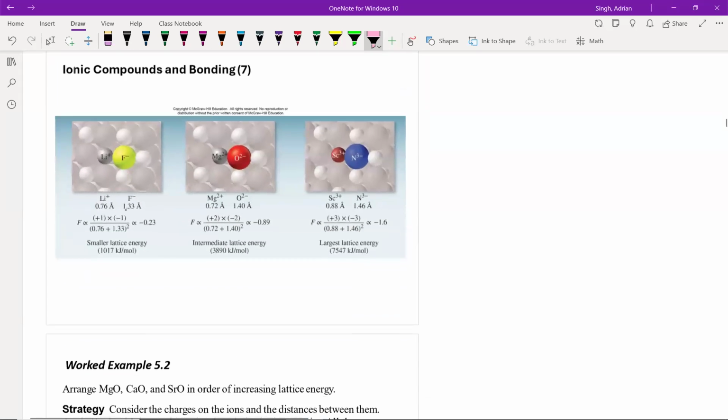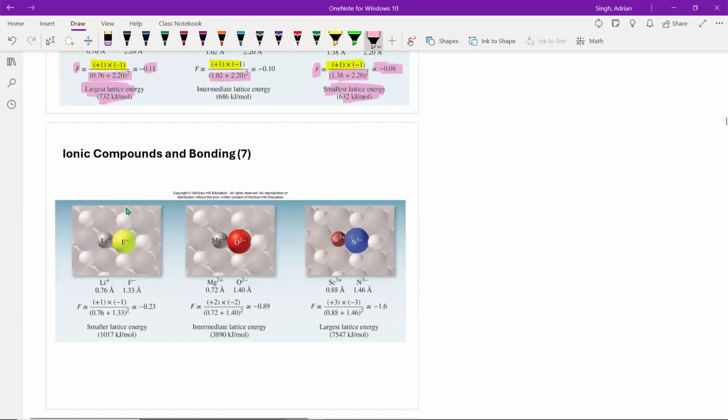In the other example, we can see the difference now in the magnitude of the charges. And we can see here as the magnitude of the charges increases, so for example, scandium and nitride, 3 plus and 3 minus, your numerator here is a much larger value. The lattice energy is going to be much greater than where you have just +1 and negative 1 charges.